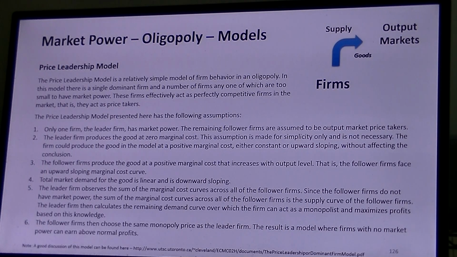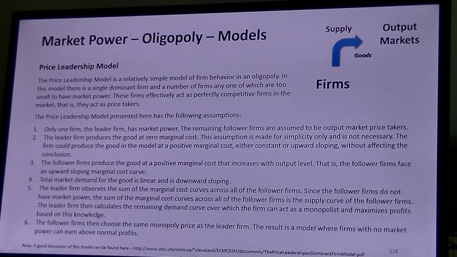So it's not a perfectly competitive outcome. These small firms will be like perfect competition in that they're small and they don't have market power, and yet their behavior will be that they will set their price equal to the monopoly price of the leader firm.